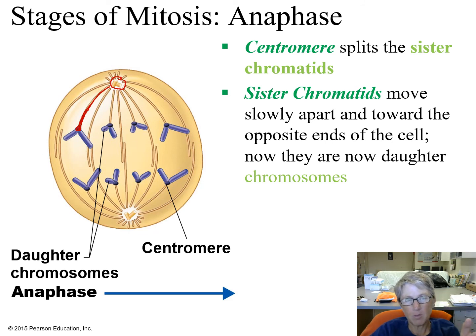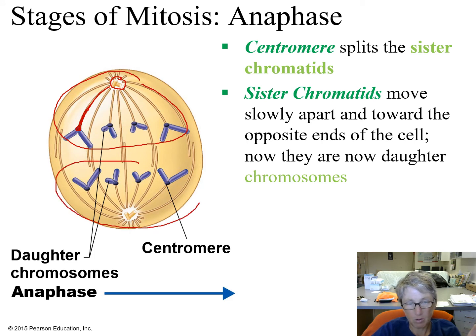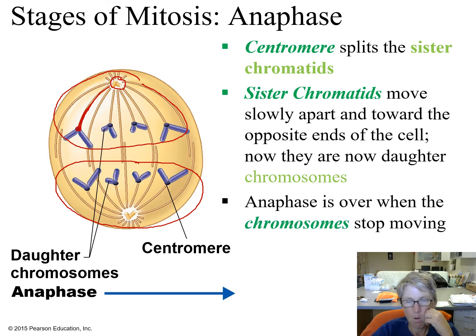And what happens is you have a lot of movement, but basically each one of the sister chromatids is being pulled to one pole, because remember, one daughter cell will get all the chromosomes here, the centrioles, and everything else in the cytoplasm, and another daughter cell will get all this. Anaphase is complete when the chromosomes stop moving.